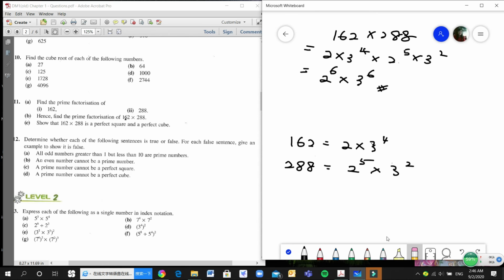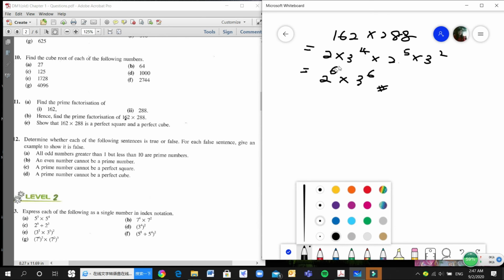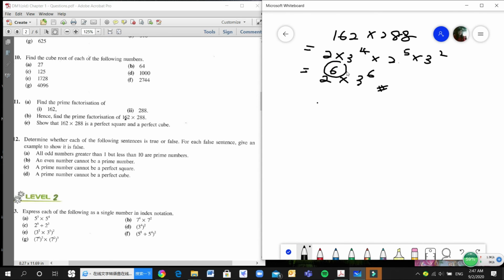Now I want to tell you the important fact for the square root, the perfect square and the perfect cube. If it is a perfect square, that means each prime must appear an even number of times. So the 2 to the power of 6, you look here, it is an even number, right? 6.